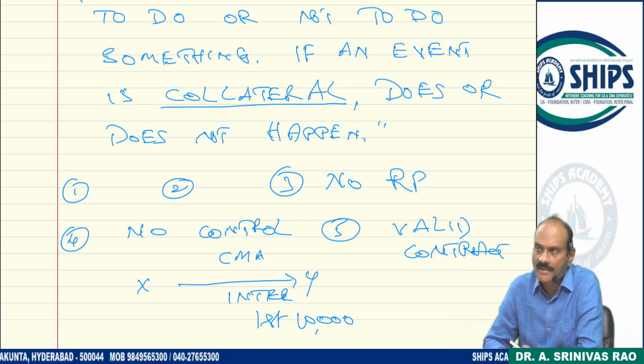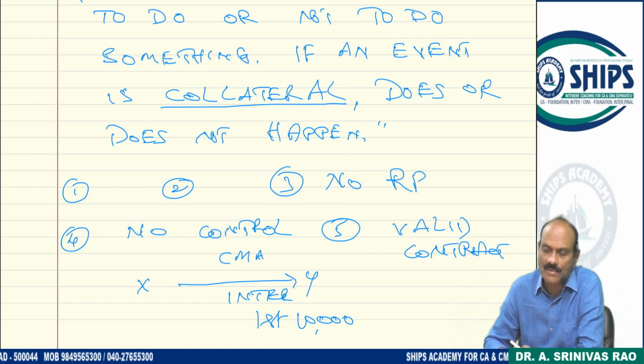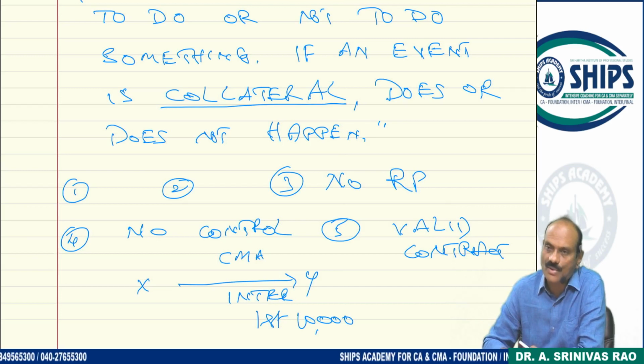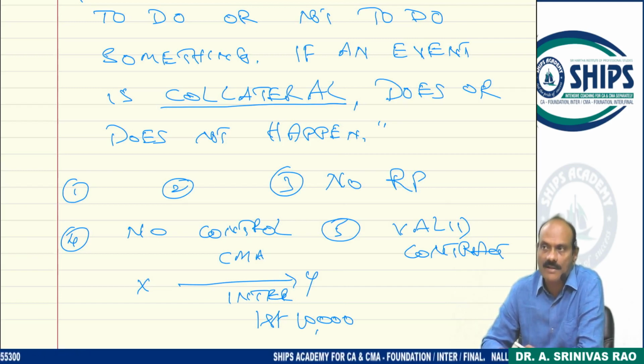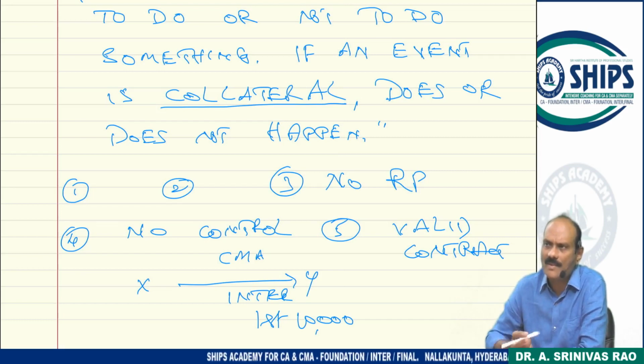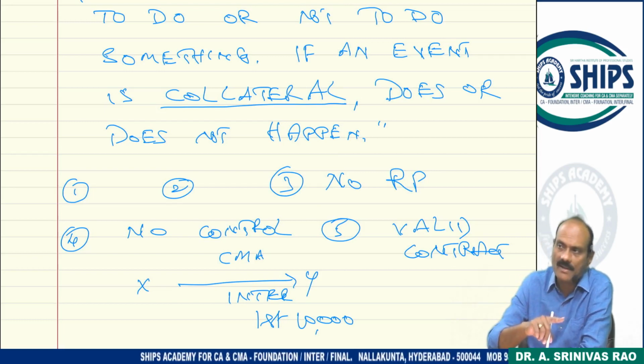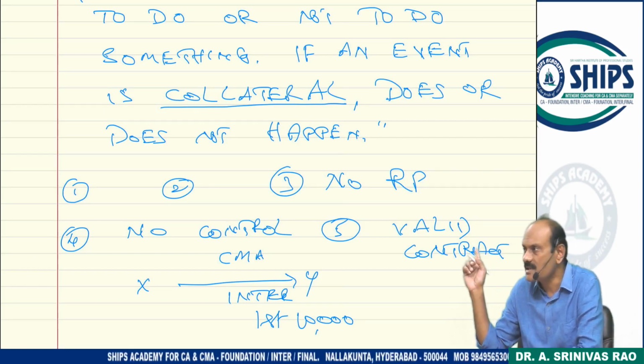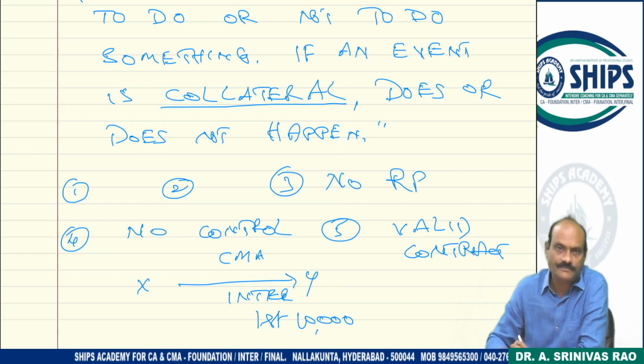In a contract, to do or not to do. To do means to pay, or not to do means not to pay. If an event is collateral, if you pass the exam, I will pay. Otherwise, you need not pay anything to me. Passing of exam may happen, may not happen.